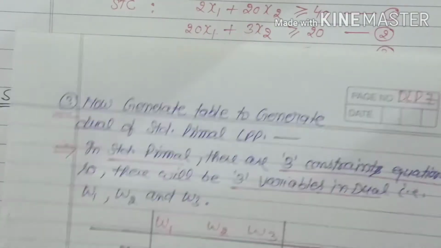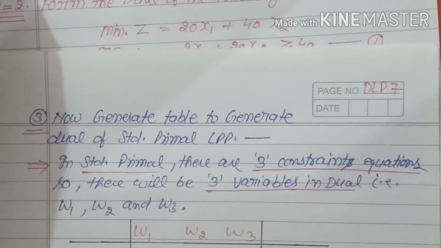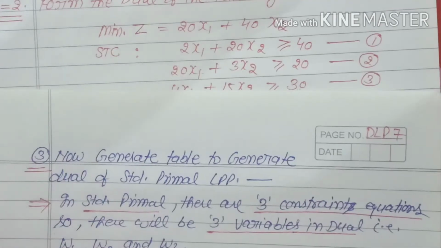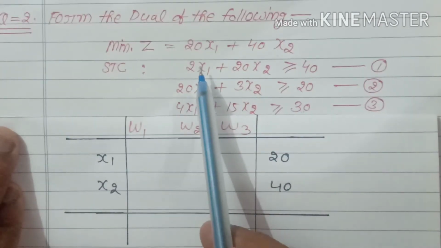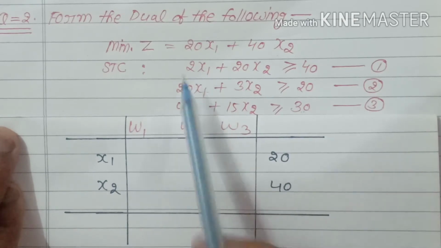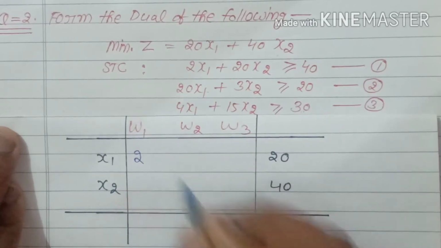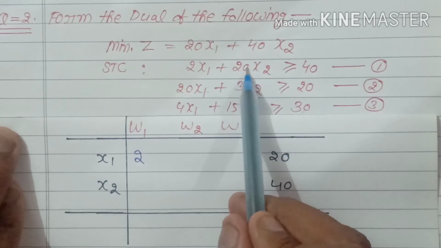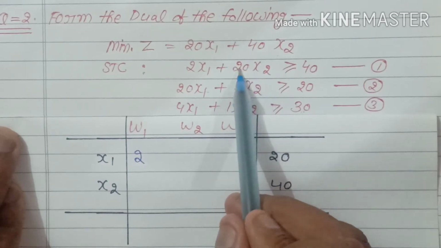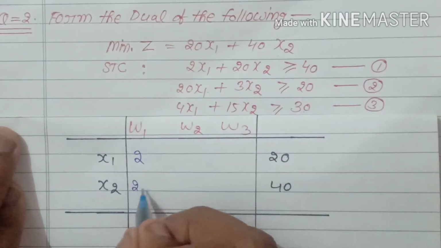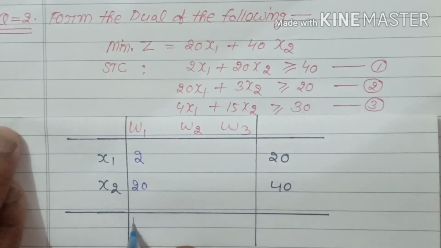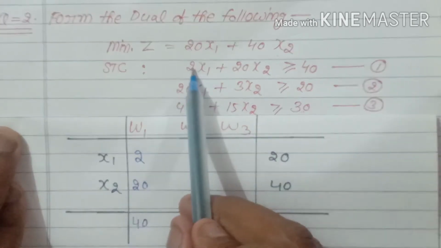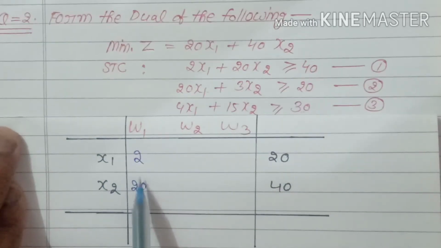Now we will draw the rows also. The coefficient of x1 for row 1 is 2, so let us write this 2 here. Then the coefficient of x2 for this row is 20, and the right hand side element is 40. Now you will see that this constraint row has been converted into a column here.